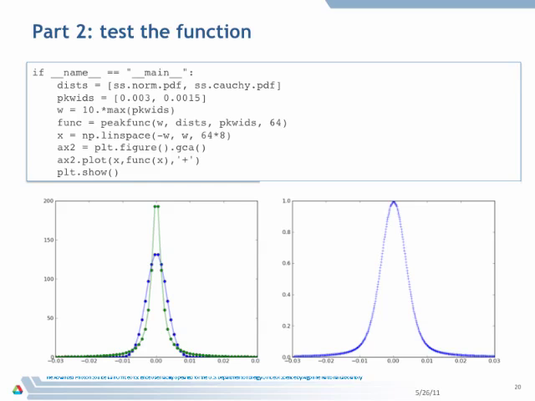So then I call my peak shape function. That returns a new function back for me, and I calculate a new spacing, and I calculate many more points than I used before. And so I plot the convolution here, and that's what I get.